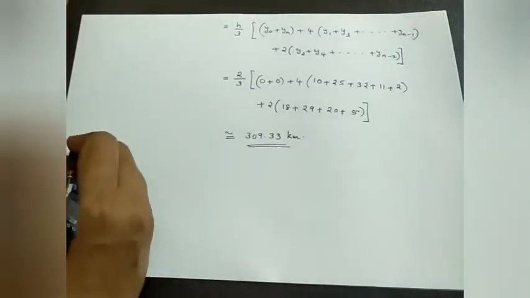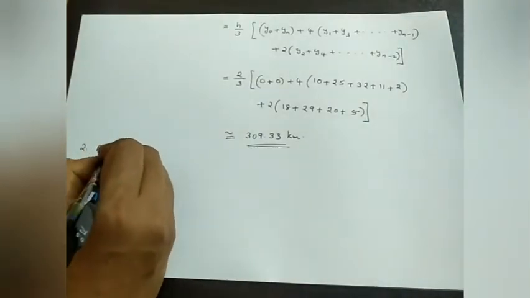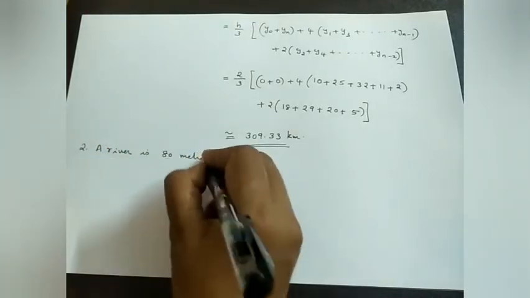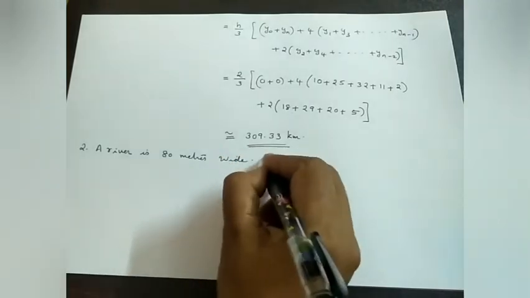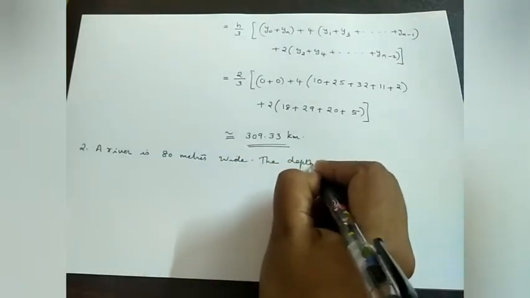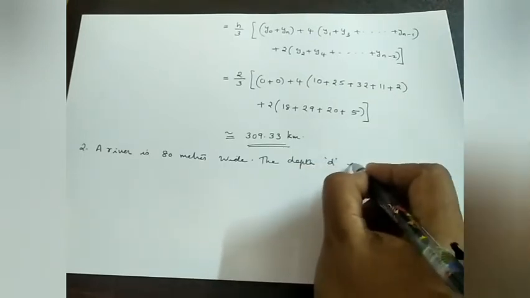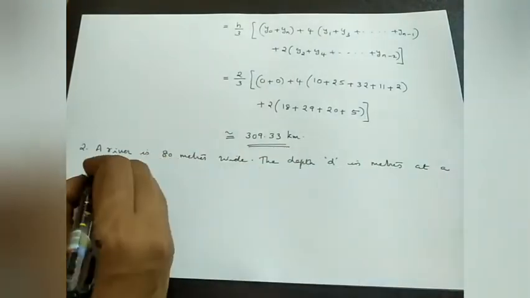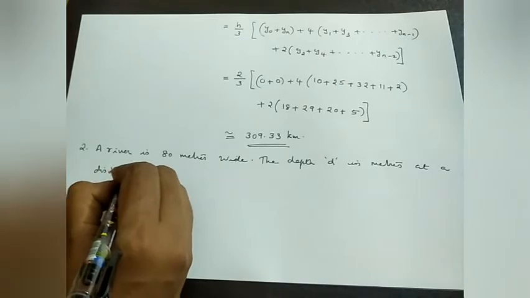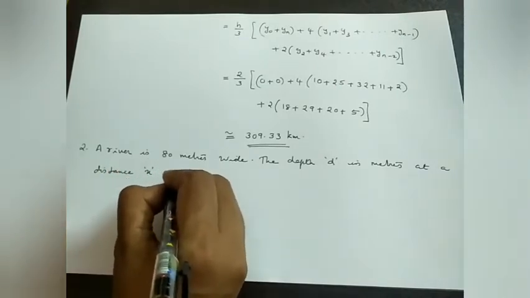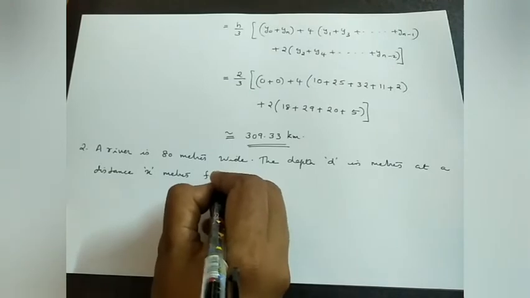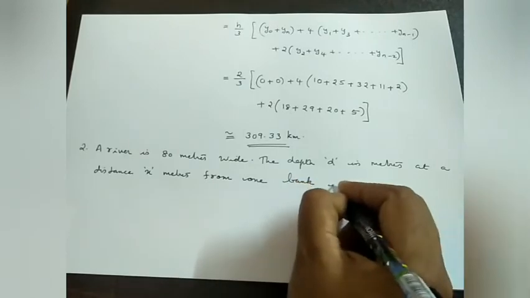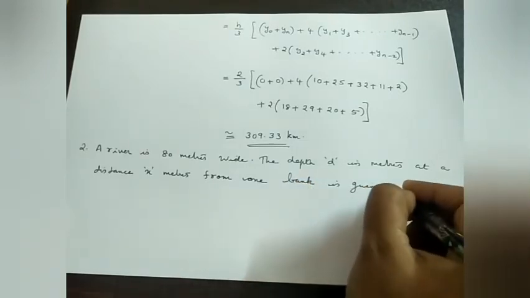Now we have the second question. A river is 80 meters wide. The depth d in meters at a distance x meters from one bank is given by the following table.